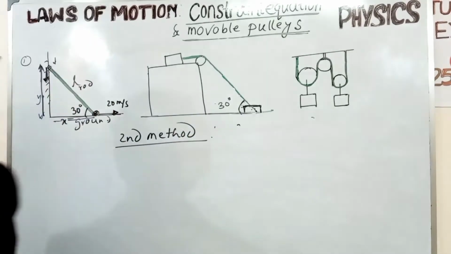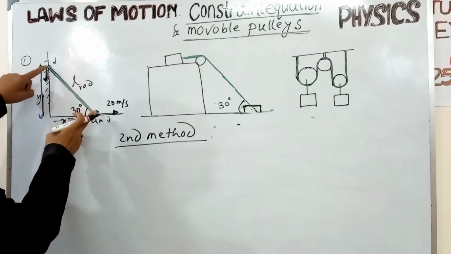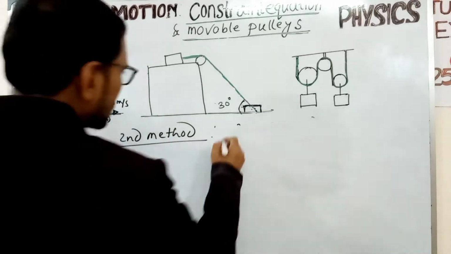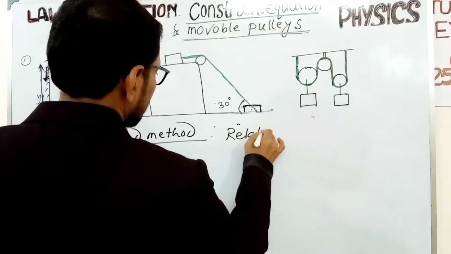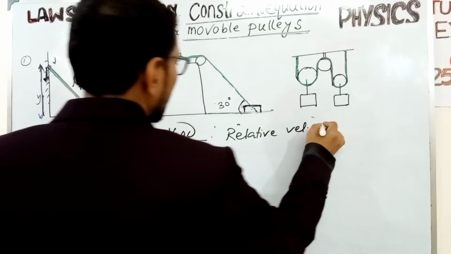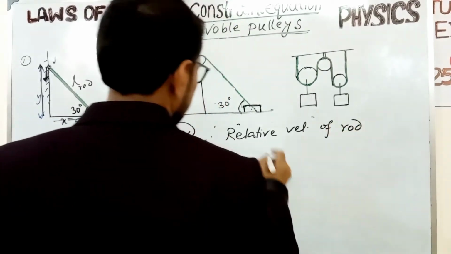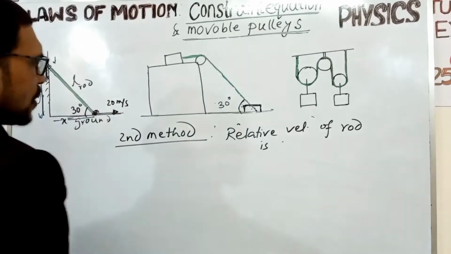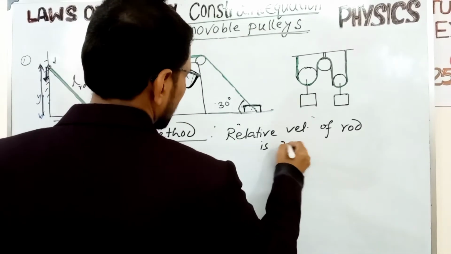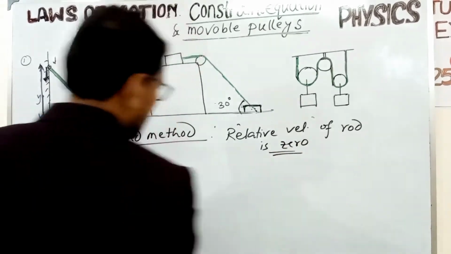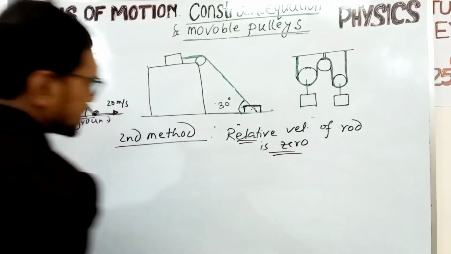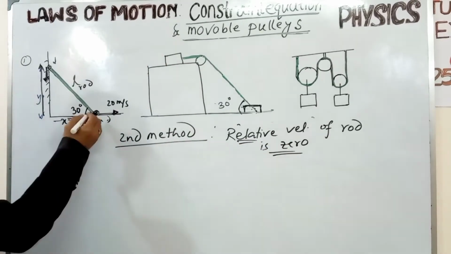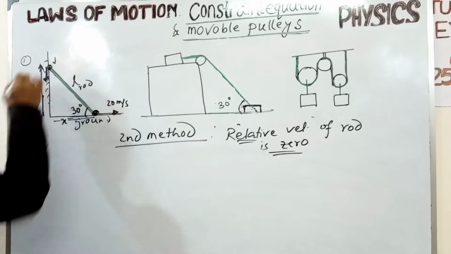The second method is this: the rod is rigid, so the relative velocity of every particle of the rod along the rod is 0. Suppose these are points on the rod.